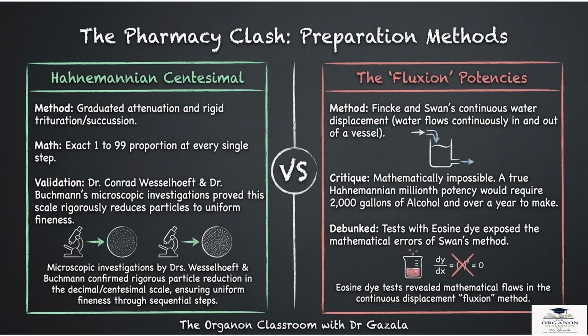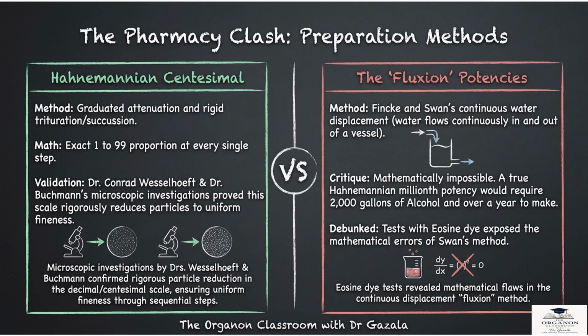Supporters of the centesimal method emphasized its standardized sequential preparation, while critics of the fluxion method questioned whether continued displacement could reproduce the exact mathematical dilution claimed for very high potencies. This slide also refers to experiments using eosin dye, which was used for fluxion potency, presented as evidence of mathematical inconsistencies in the continuous flow method.